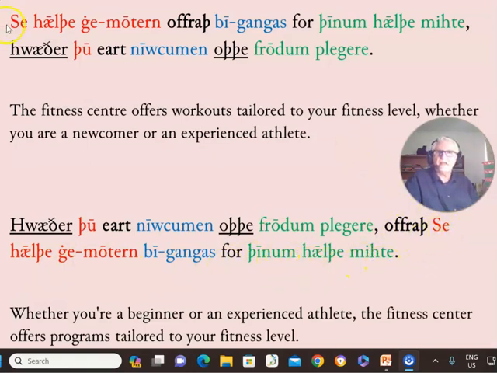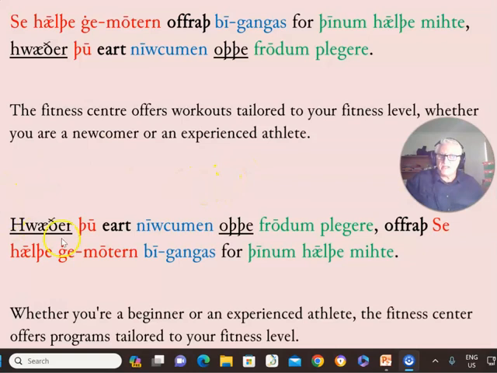Notice here, se halthe jemoten then offereth, but when the subordinate clause was placed out front, you want to emphasize the fact that whether someone's a newcomer or an experienced athlete, this applies for them. What follows applies for them.